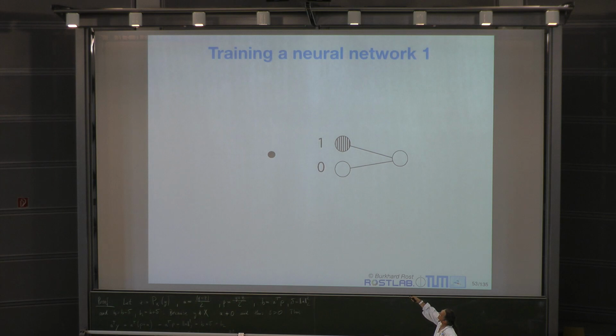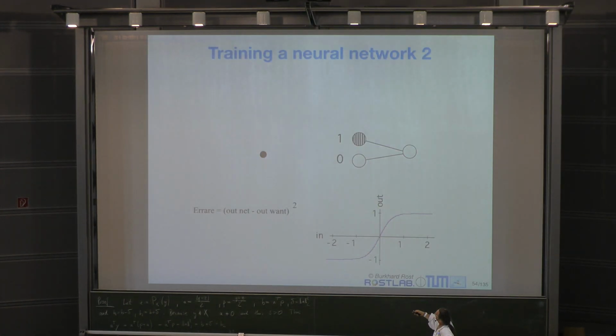So you may not see that. This is an open circle, this is a dark circle. So this would be the input 1 and 0. And the mistake essentially that the method makes is simply the square of what you have from what you want.